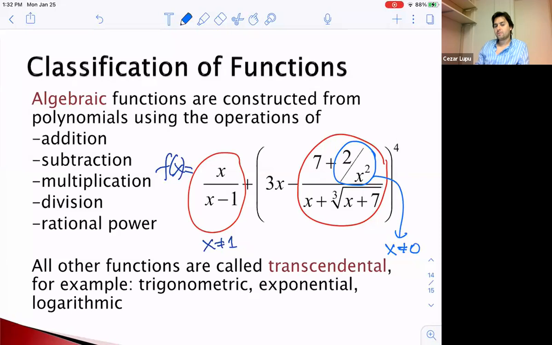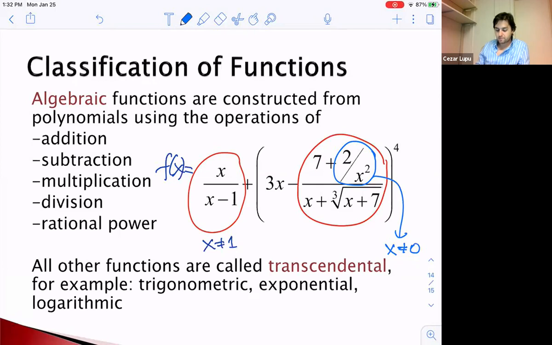And now, on the bottom of this fraction, we have x plus the cube root of x plus 5. We want to make sure that this is also different than 0, right?